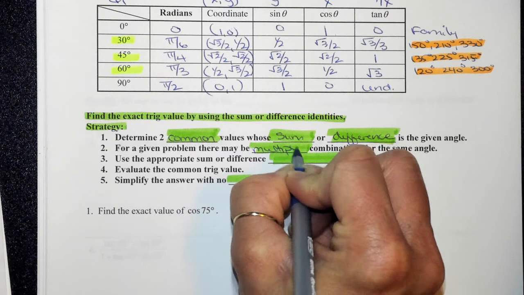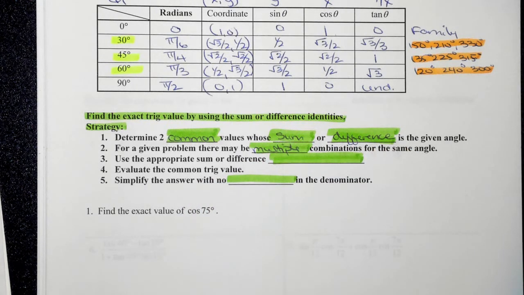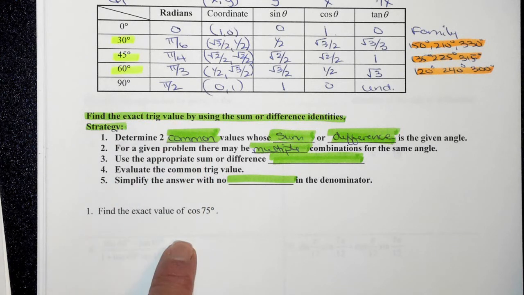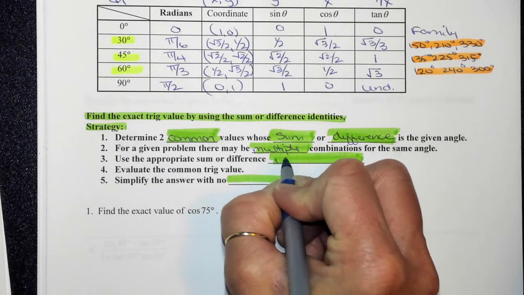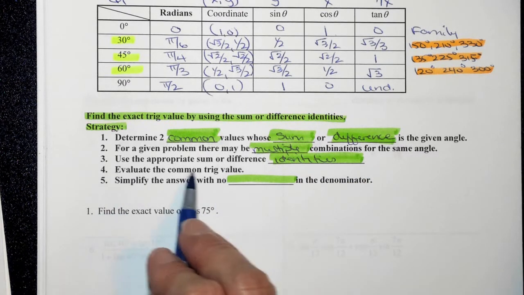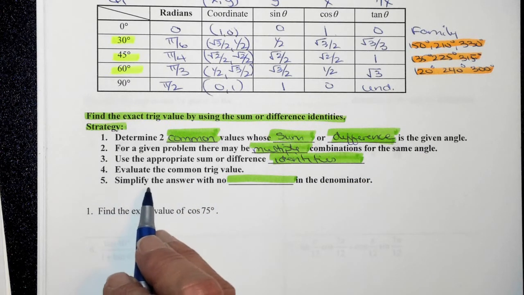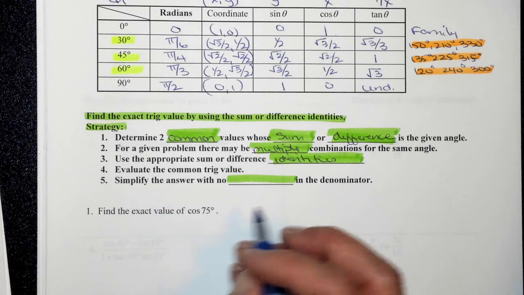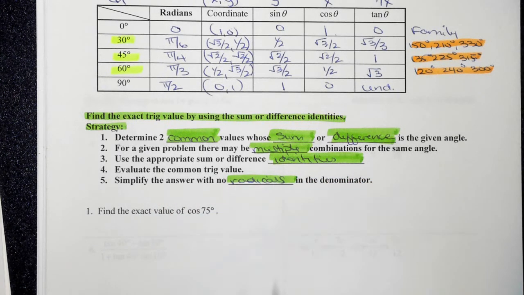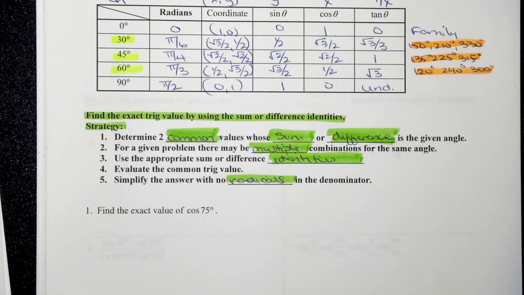But ideally, you're going to come out with the same answer. Use the appropriate sum or difference formula from the top, using the given identities. Evaluate the common trig value and make sure you simplify the answer with no radicals in the denominator. Okay, so we'll talk about some of this in class.